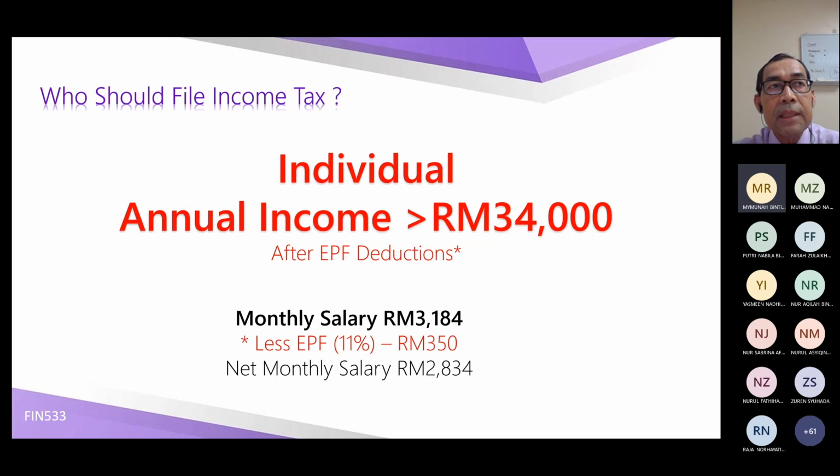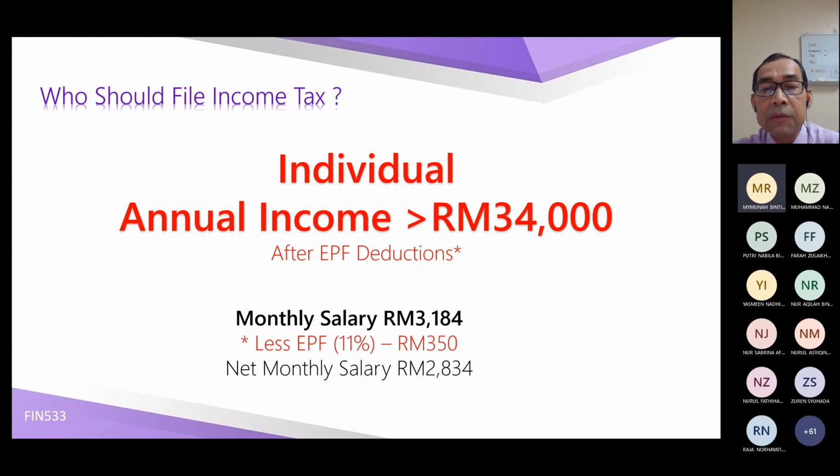every employee, okay, dia dapat gaji dia akan ditolak sebanyak 11% for the EPF. So in this example, if this particular person has a monthly salary of 3,184, and then you take off 11% EPF from that salary, this particular person will have a net salary of 2,834.